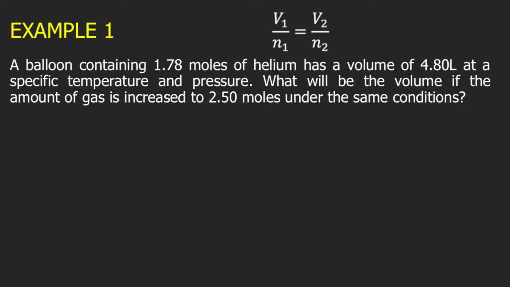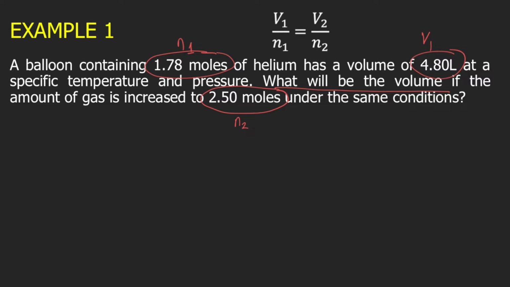So 1.78 moles is our initial number of moles, so this is our N1. 4.80 liters is the initial volume, and 2.50 moles is our final moles, or N2. So what is missing in this problem is V2, because the question is asking for what will be the volume. So we are looking for V2.